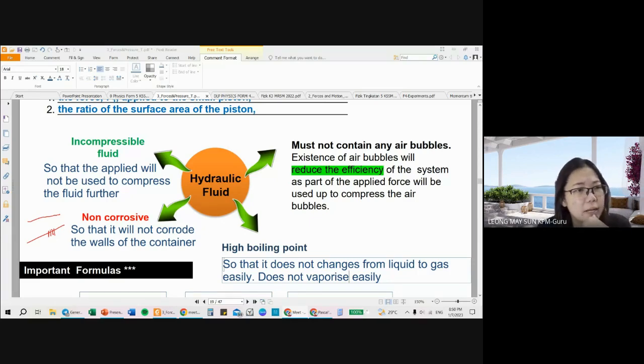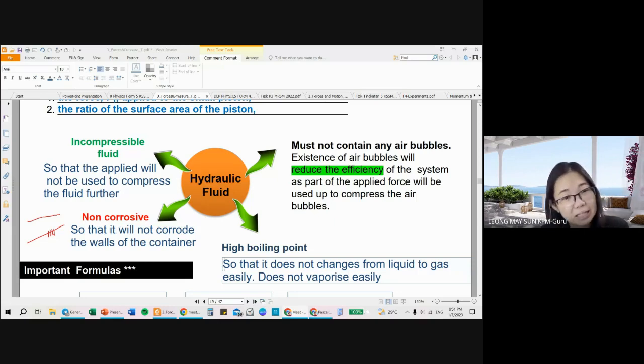Xuyang asked, does low density count as a characteristic of a hydraulic fluid? No, Xuyang, we won't talk about density when we talk about hydraulic fluid, because low density means lower mass, higher volume. A hydraulic fluid mainly is to do work, so a low density material is not really related to its ability to do work.